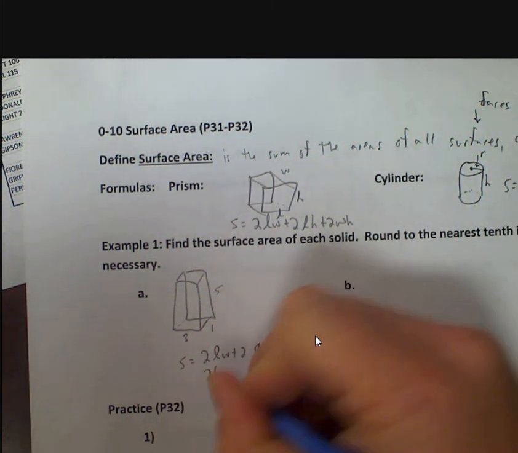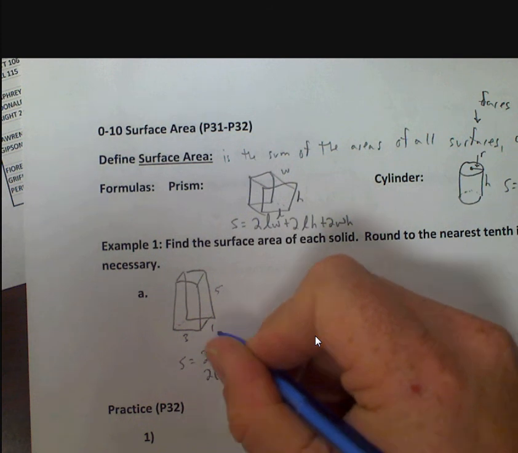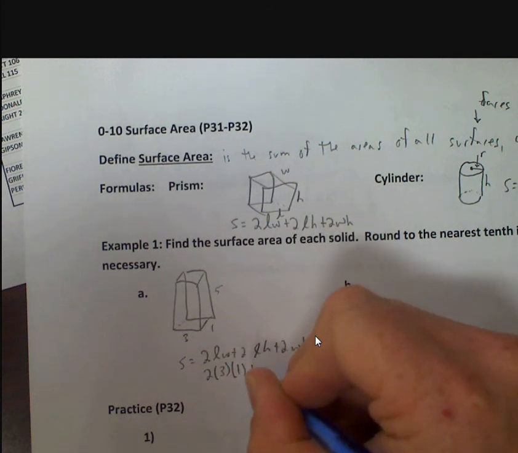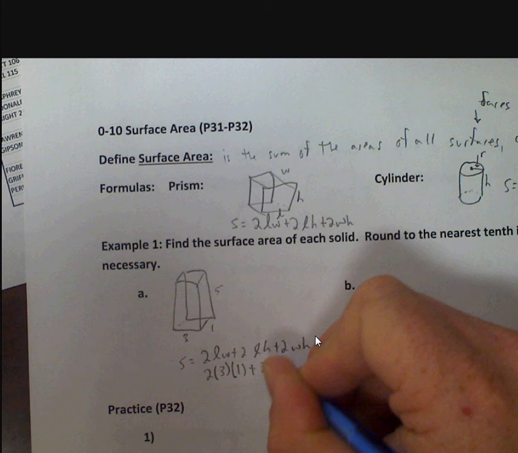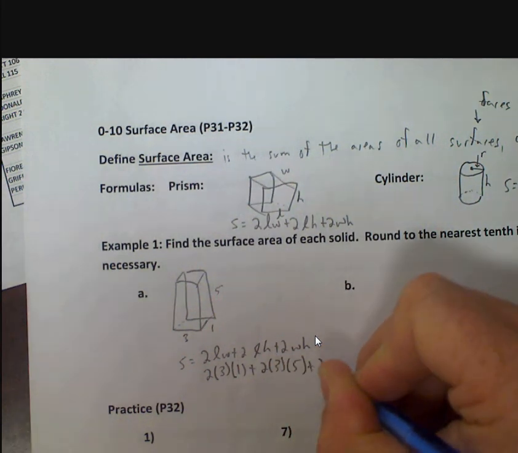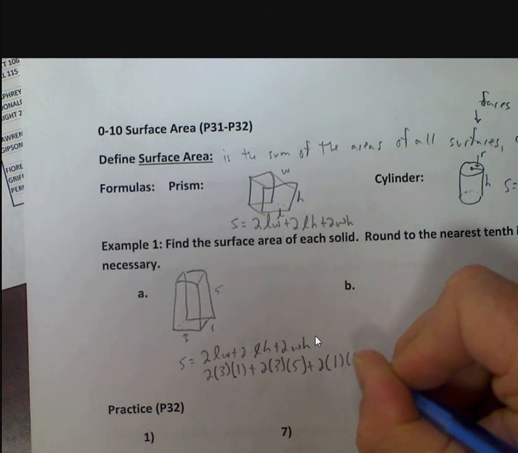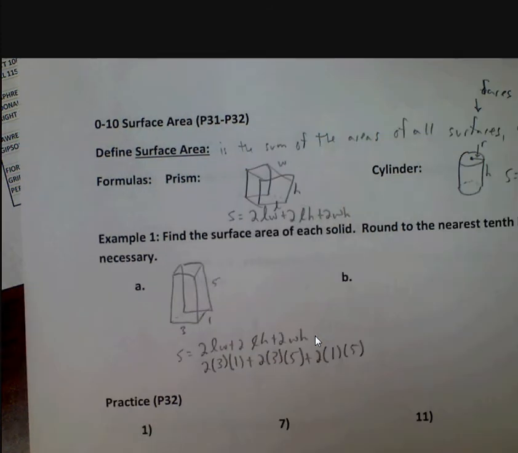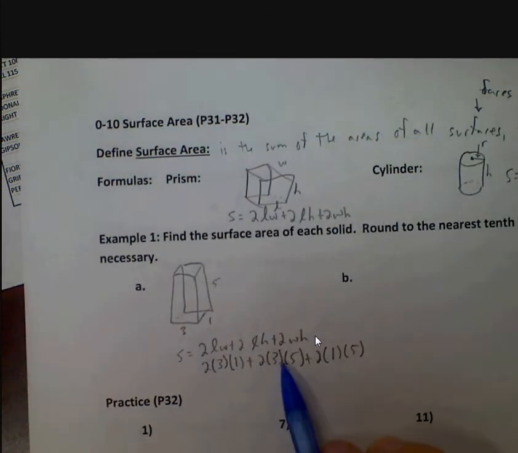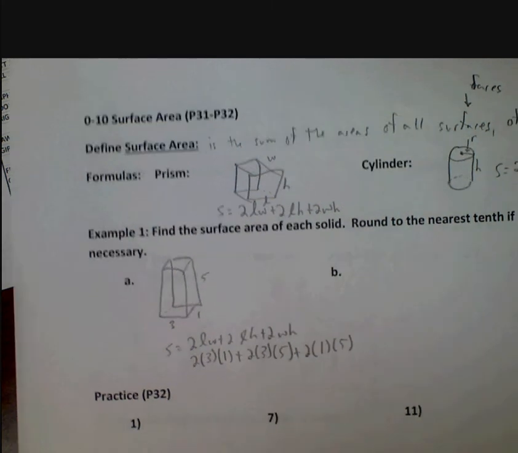Then I have 2 times my length is 3, my width is 1, plus 2 times my length is 3 times my height is 5, plus 2 times the width is 1 and my height is 5. Notice that my pairs are different every single time until we do all of them.